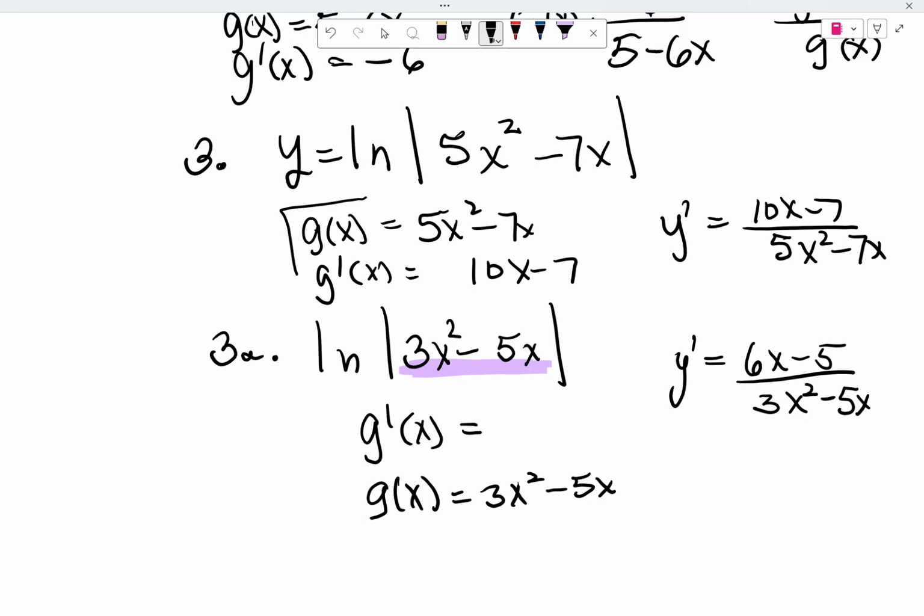I'm simply asking you to find the first derivative, which is 6x minus 5. You remember when we began, I said to you, multiply 3 times 2, and here multiply 1 times 5, and now we take away 1, take away 1. And that's how you end up with 6x minus 5 in this case.